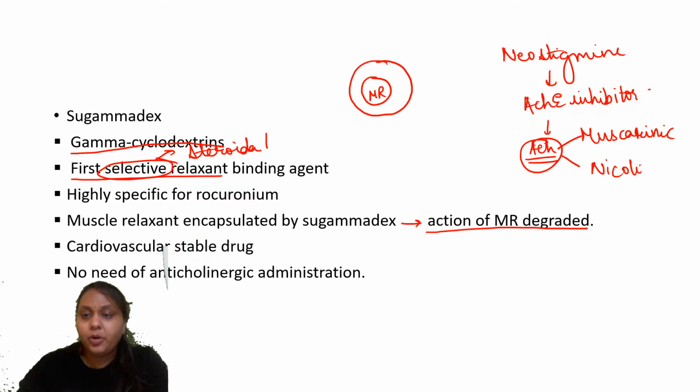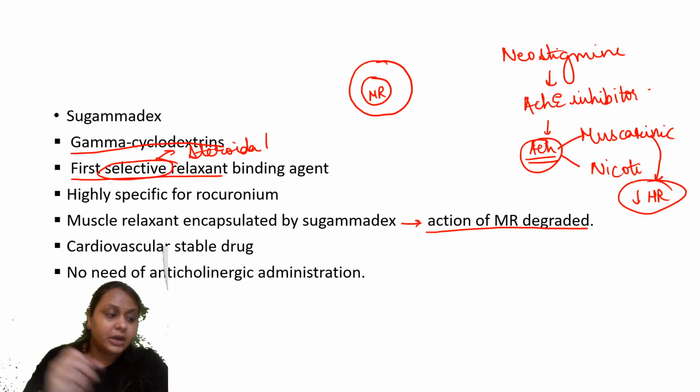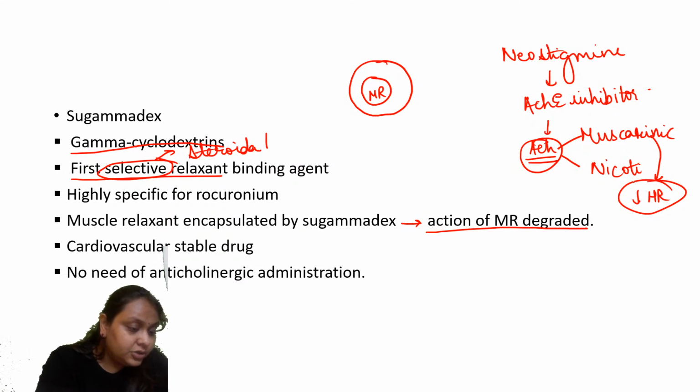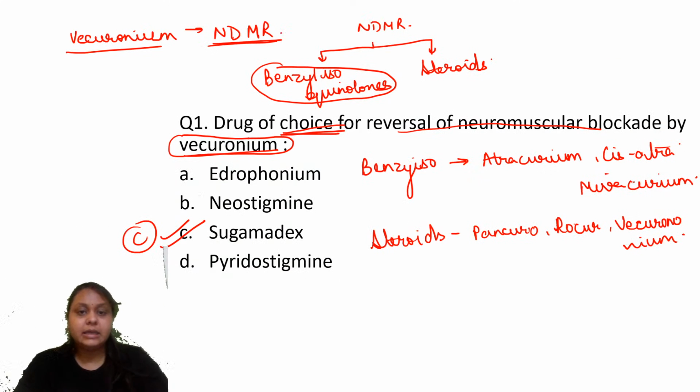By acting on the muscarinic receptor, it causes bradycardia, a decrease in heart rate, so we have to give atropine or glycopyrrolate along with neostigmine while reversing the effect of skeletal muscle relaxants. But with sugammadex, there is no need for anticholinergic administration. So the answer to the first question, the drug of choice for reversal of neuromuscular block by vecuronium, is sugammadex.